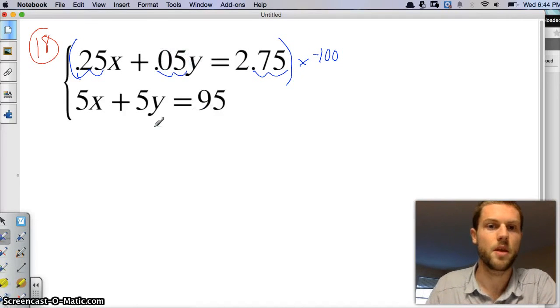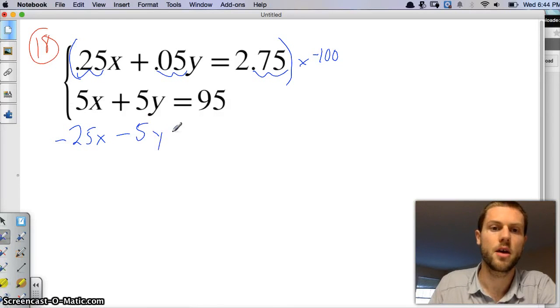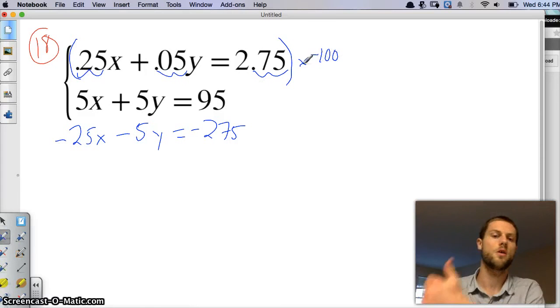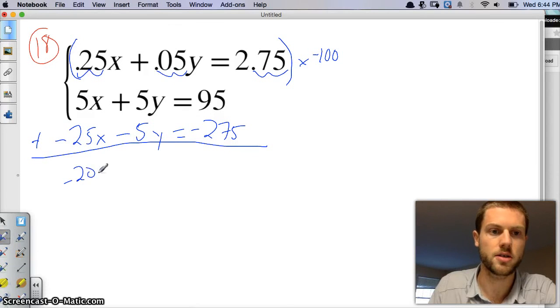So let's do that. I'm going to write underneath here what I would get. I would have negative 25x minus 5y equals negative 275. Just push that negative 100 all the way through. Now let's add these equations together, and I'm going to get a negative 20x.